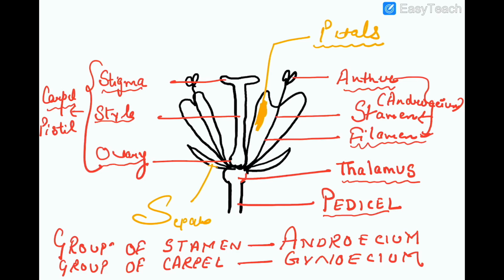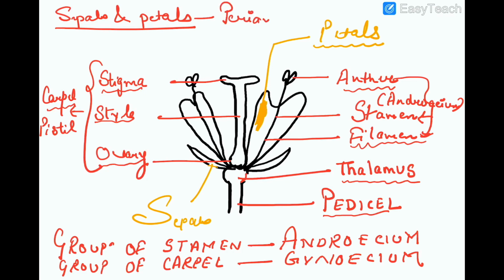Sometimes in the flower, the sepals and the petals are not distinguishable. It is known as perianth. So perianth is that flower in which the sepals and petals are not distinguishable. Sometimes we have a leaf-like structure at the base of the pedicel.